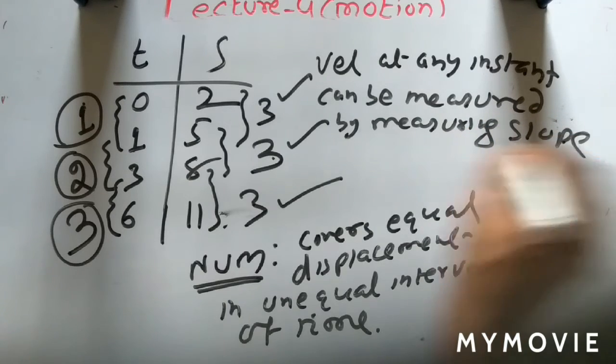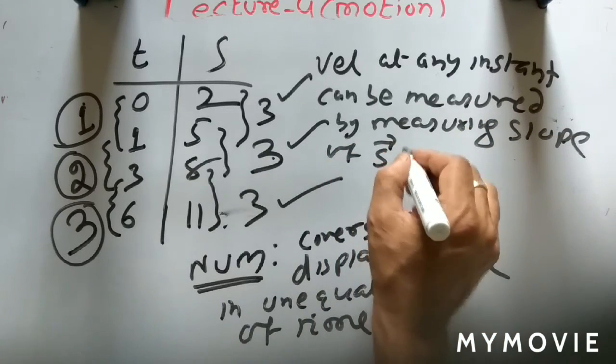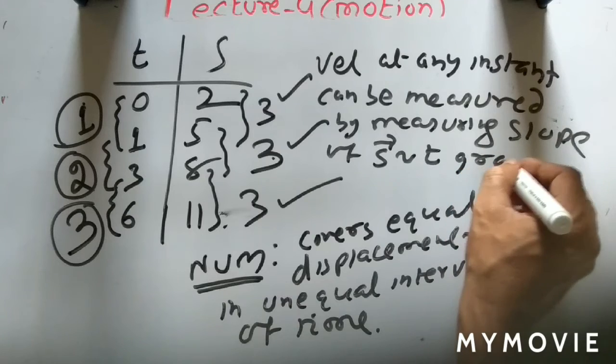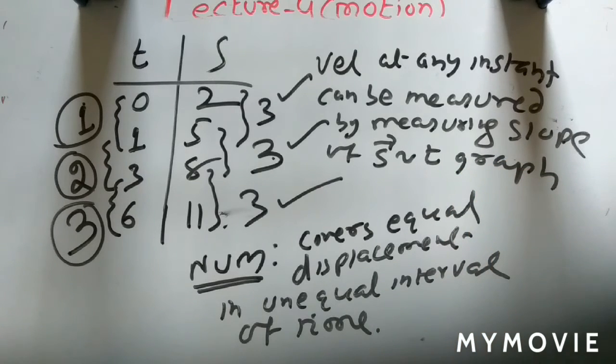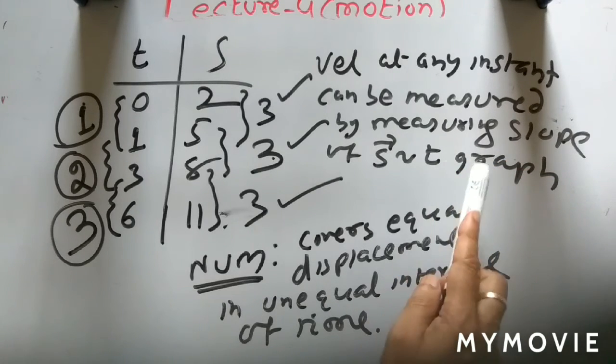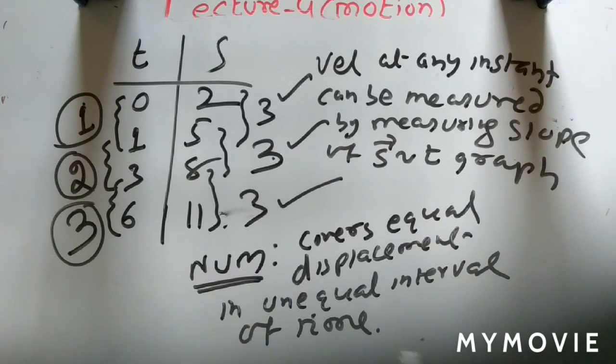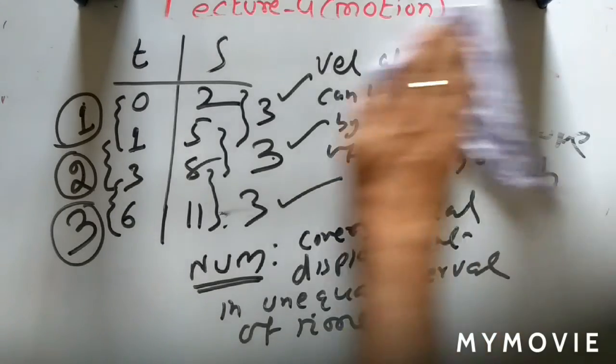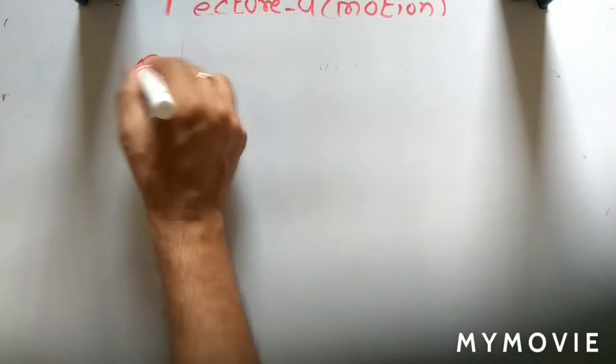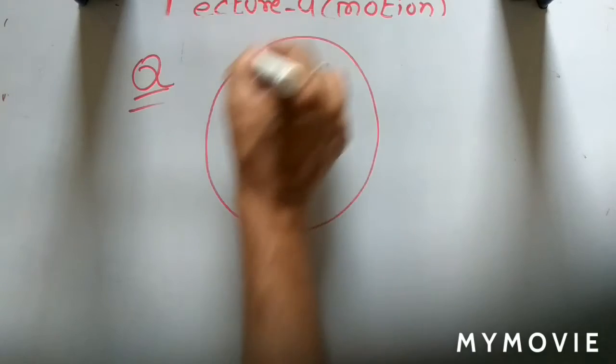Okay, and how will you measure the velocity at any instant? Velocity at any instant can be measured by measuring the slope of the displacement versus time graph.